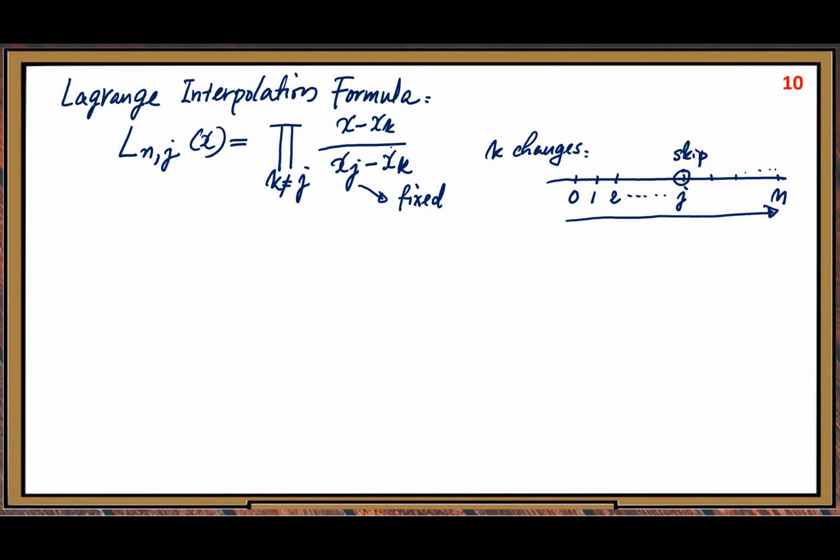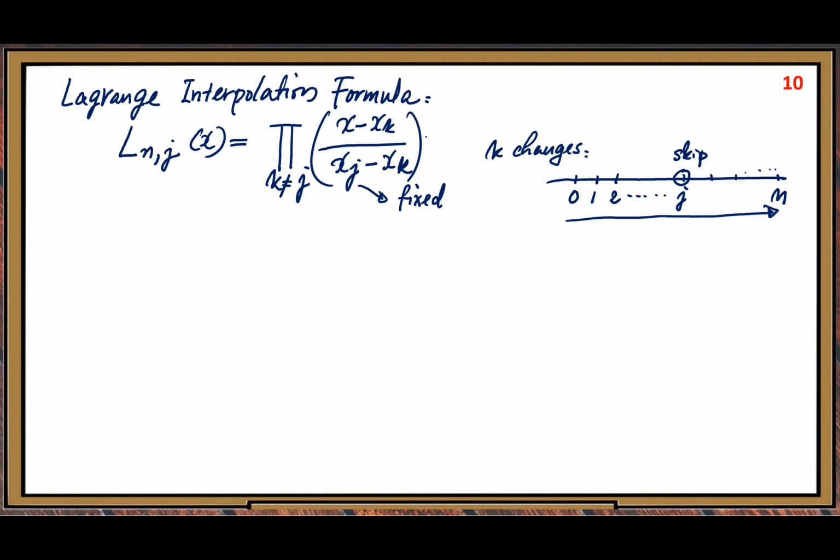Then you take the product of this fractional form. The variable x appears in the numerator, and all the other x coordinates are numbers, not variables.